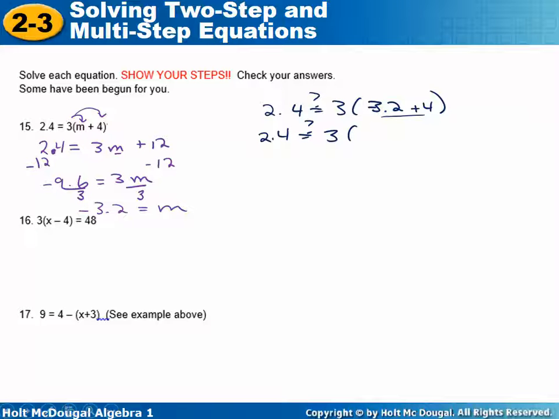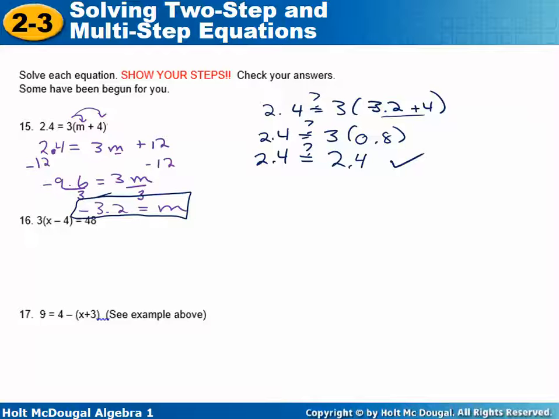I have negative 3.2 plus 4, which is 0.8. So now I need to see what is 3 times 0.8. And I'm checking this on my calculator as I go. And I got 2.4, and 2.4 is equal to 2.4. So this is the correct answer because I checked it and I know it is.